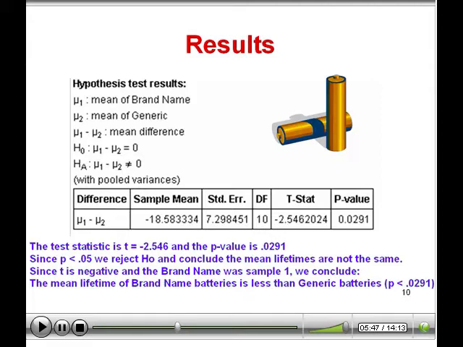This must mean that the brand name mean is less than the generic mean. So the brand name batteries last on average less than the generic batteries. So although it is not important which sample you call sample 1, you must remember which one you did so that you can phrase your conclusion appropriately.